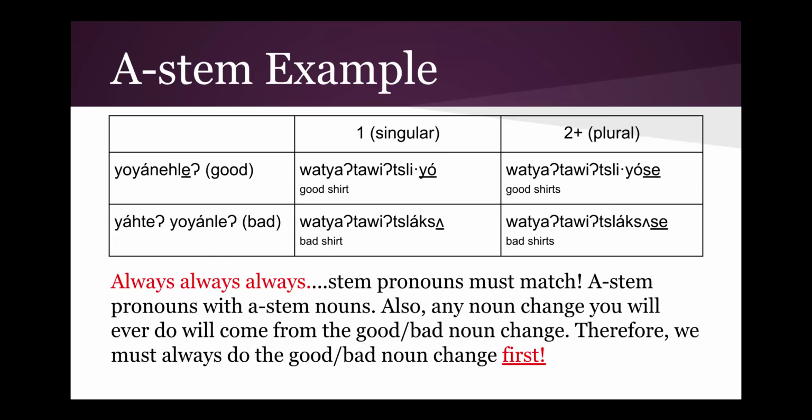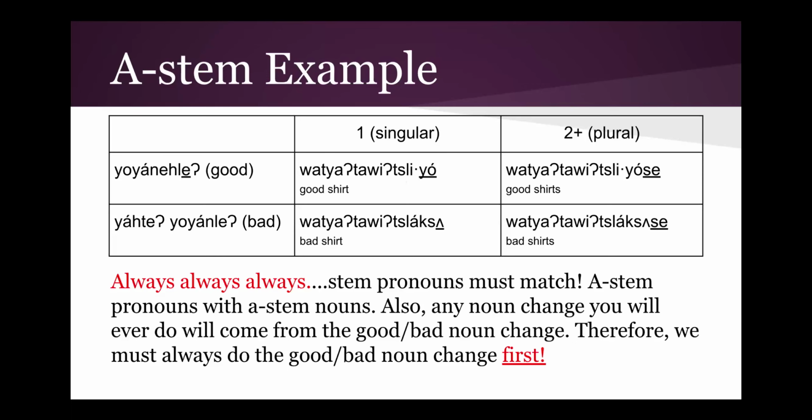So when we do our very first noun incorporation, this one in particular, like I said, a stems require a joiner. This SL is that joiner, or some people call it a nominalizer.